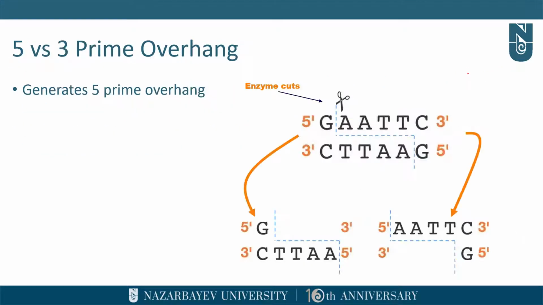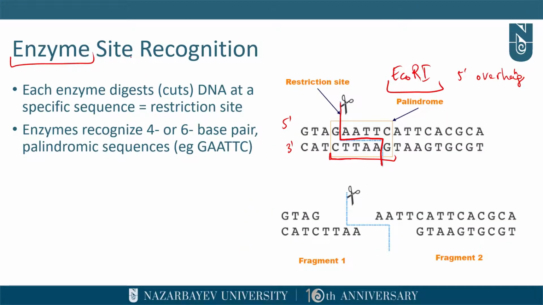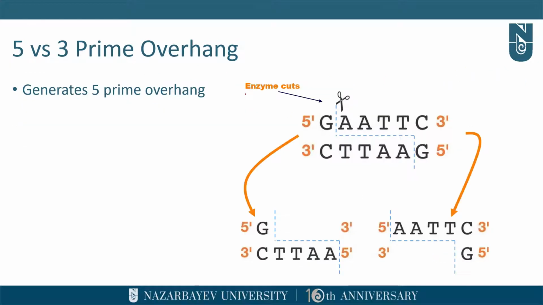Okay, so these sites of recognition are called restriction sites, okay? And as I said in the previous part, we are producing the 5' overhangs. So if the 5' end is shorter than the 3' end, it's called 5' overhang.